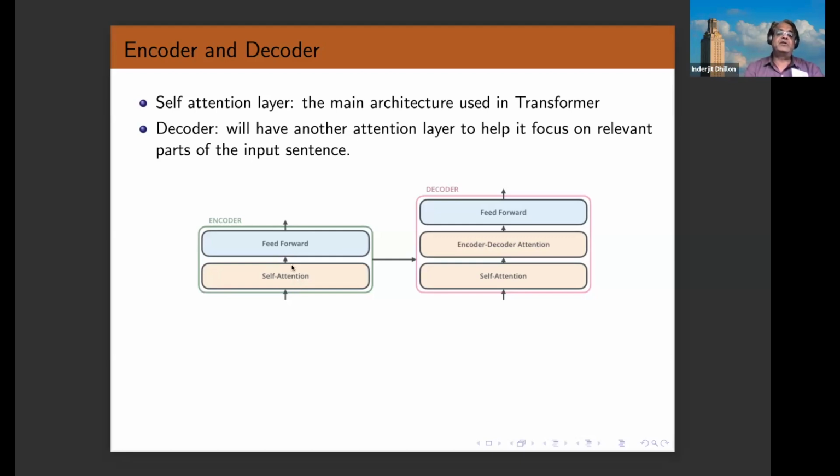So there'll be a self-attention layer, and then there's a feed-forward layer, right? And on the decoder side, you have self-attention at the bottom, feed-forward at the top. But in between, you also need attention between the encoder and the decoder, right? So for example, suppose you're doing machine translation.